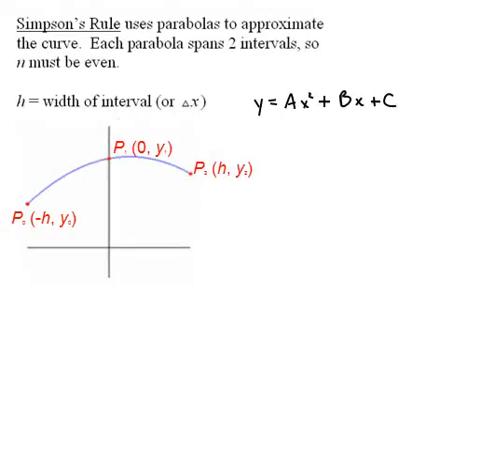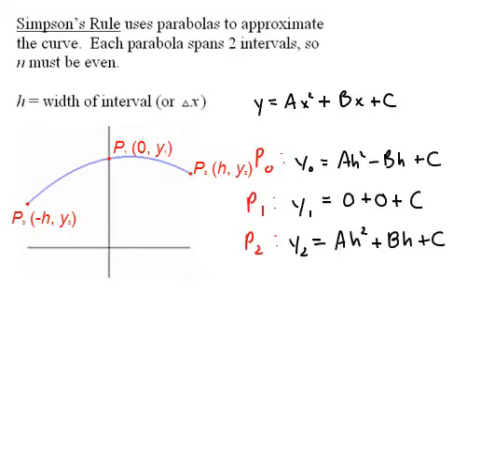Next, I'll find values for the coefficients a, b, and c in terms of h. First, I'll substitute the coordinates of the points p0, p1, and p2 into the equation of the parabola for x and y, giving me a system of 3 equations.